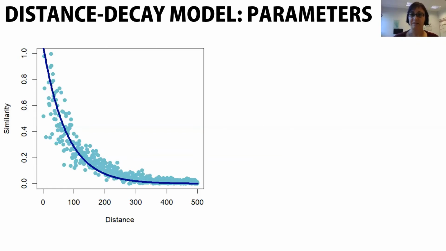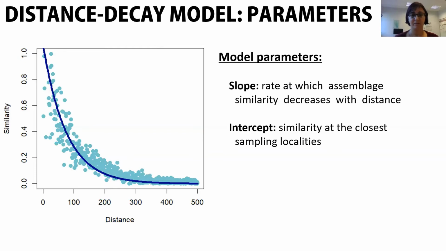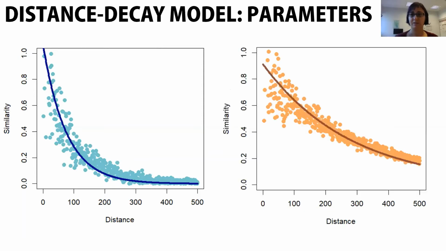As I have said at the beginning, it's very useful because we can quantify it, and that means that we can estimate parameters from this pattern, like the slope, the rate at which assemblage similarity decreases with distance, or the intercept, that is the similarity at the closest sampling localities. This is easy to see if we compare two distance decay patterns.